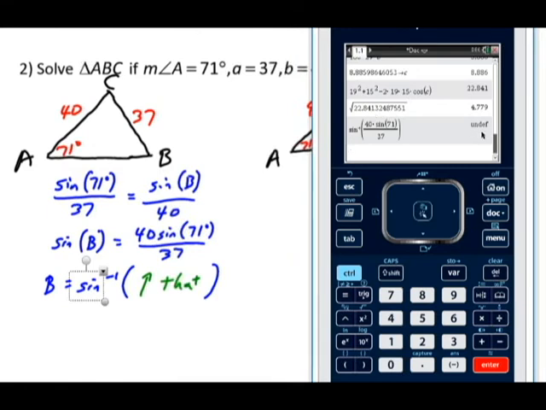Uh-oh, we got undefined. Here's what that means. That means it is actually impossible to have a triangle with these measurements.